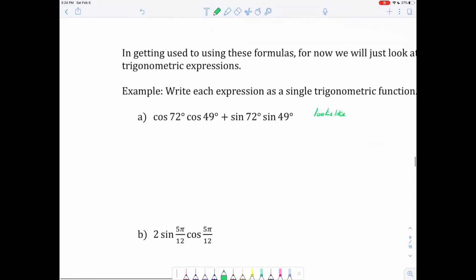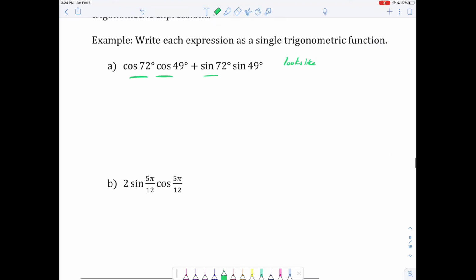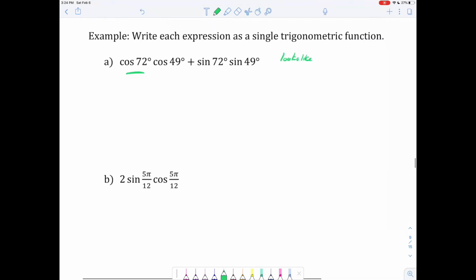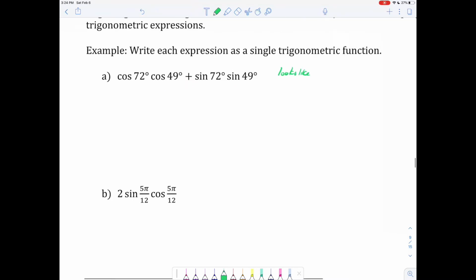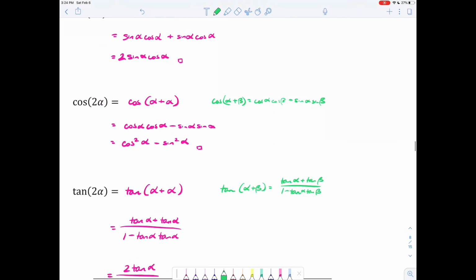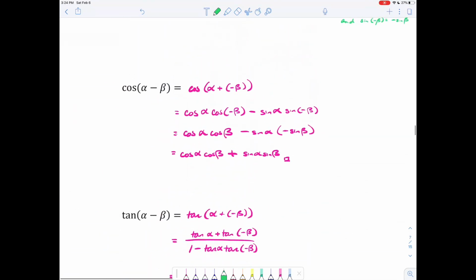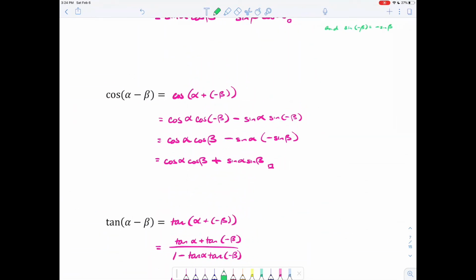Where's that example? So it's cos, sine. But is this a sum identity that we're going to play with, or a difference identity? Well, it's cos plus sine. And if we check our formulas for what has that, this one has it, cos plus sine.